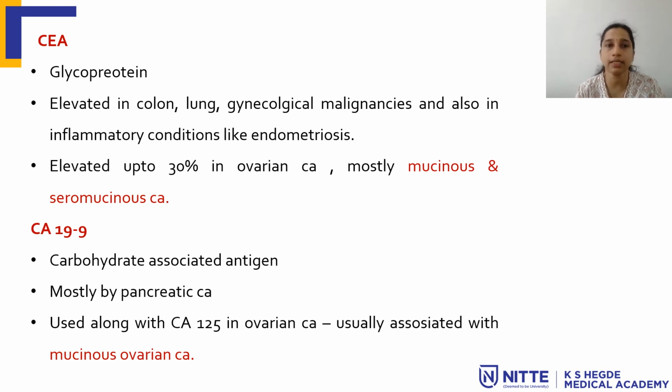It can be seen in colon cancer, lung cancer, or any inflammatory condition like endometriosis. 30% of the ovarian cancers, especially mucinous or seromucinous type of carcinoma, can show elevated CEA. Next marker is CA19-9, which is a carbohydrate associated antigen. This is a marker for pancreatic cancer, but it can be used along with CA125, because this is also elevated in mucinous type of ovarian cancer.